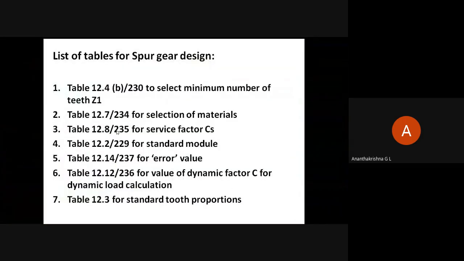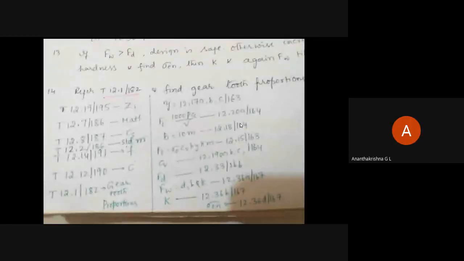Are you there? You have a table, correct? Table 12.8. You have a row for 8 to 10 hours of operation and medium shock. What is the value of Cs? 1.5, sir. So if the problem says nothing about it, we are going to take it as 1.5, that is medium shock with 8 to 10 hours of operation, from table 12.8.